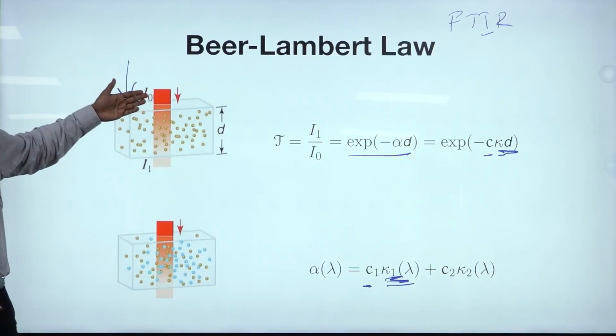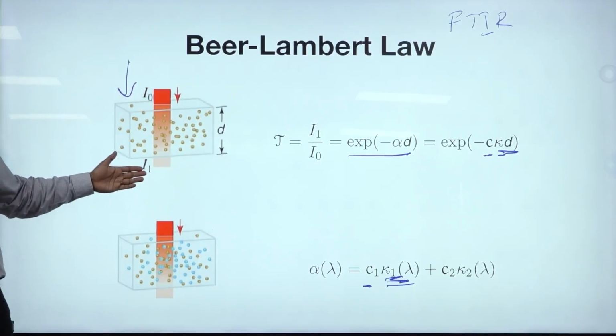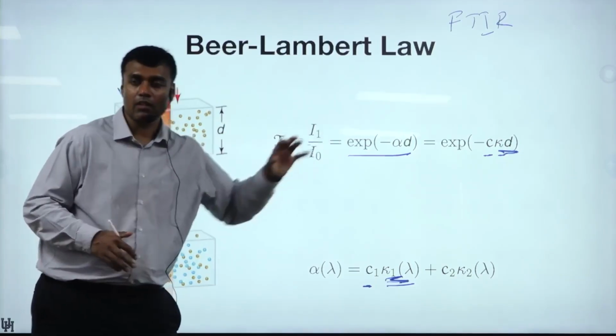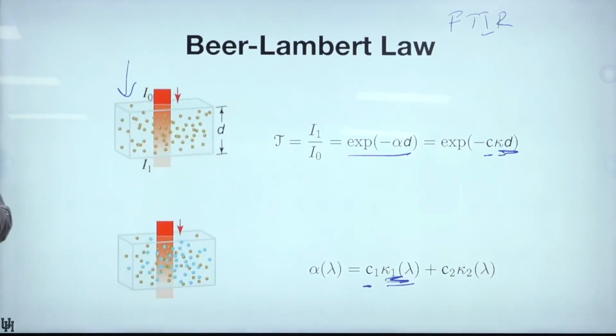So I0 is without the sample, I1 is with the sample. You make two measurements, take the ratio, then take the log and do the calculation, and that way you can get to the material's property. That's essentially how these spectroscopic measurements can be done. Questions?